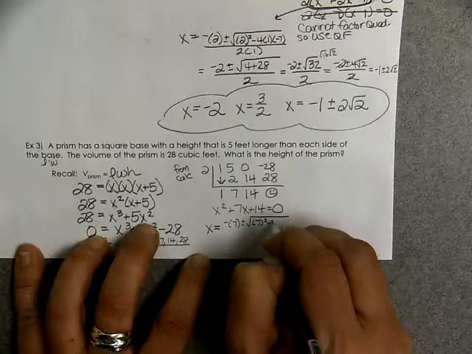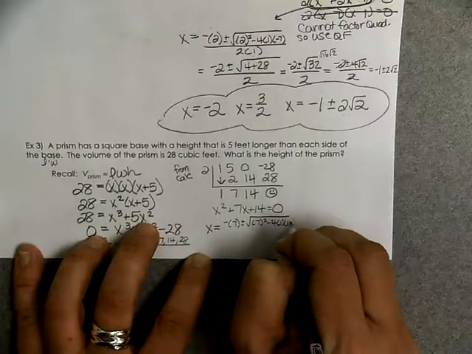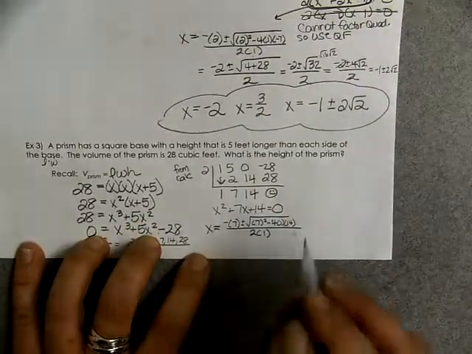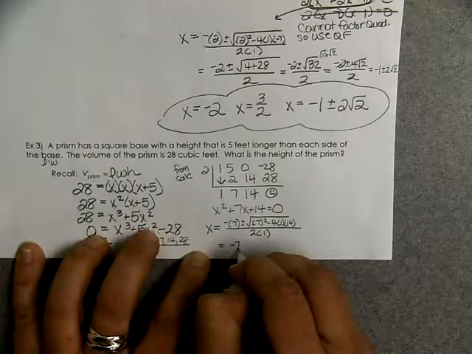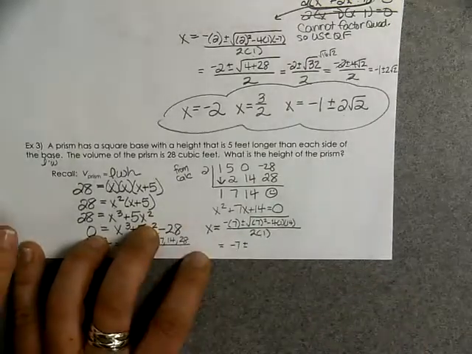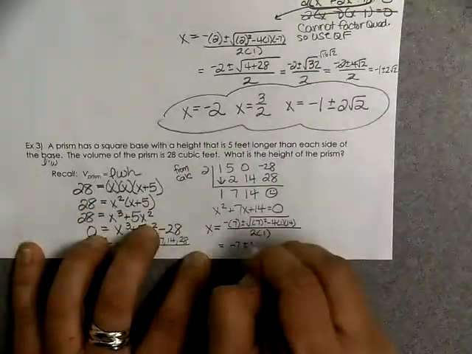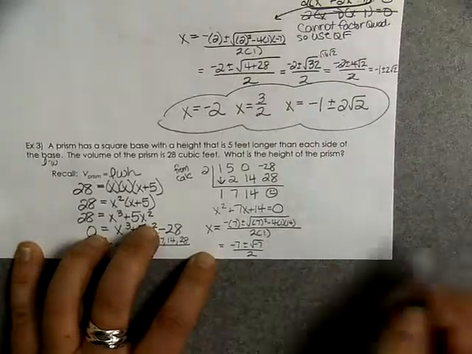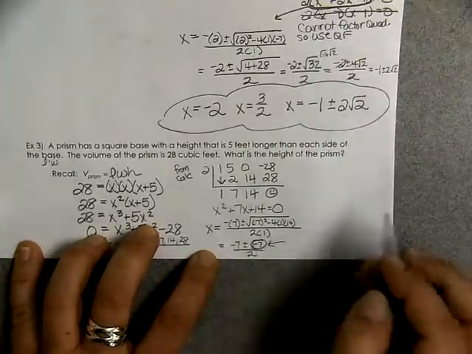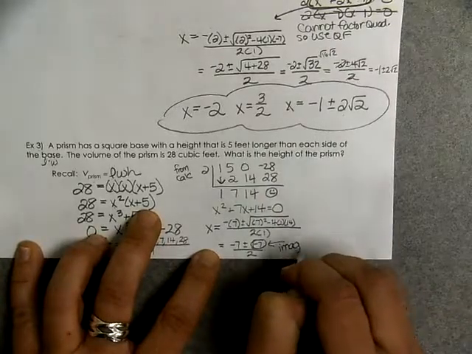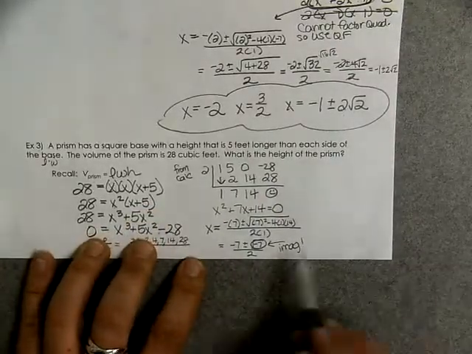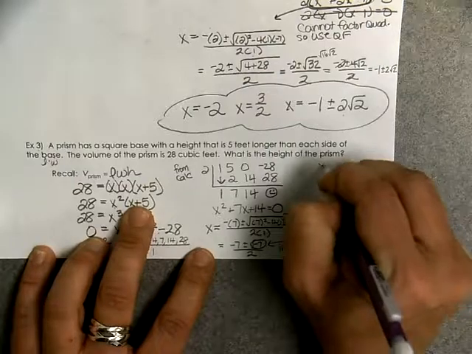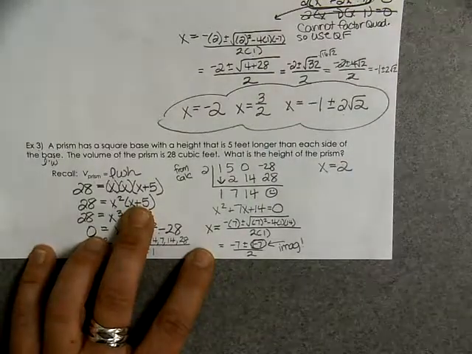So if we were to take the quadratic formula with this quadratic, we would end up with negative 7 plus or minus the square root of negative 7 over 2. And we can tell now that we have this discriminant here that's negative, that this is going to be imaginary. So this solution isn't feasible. So the only possibility for x would be that x is 2.